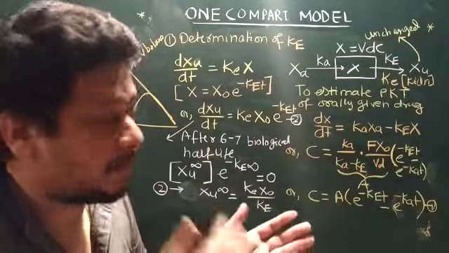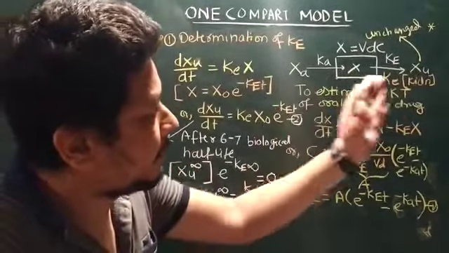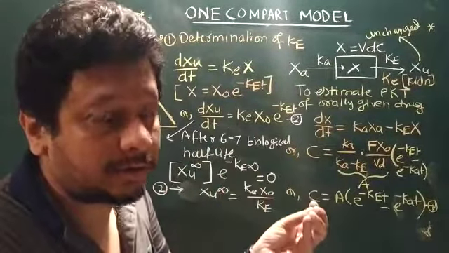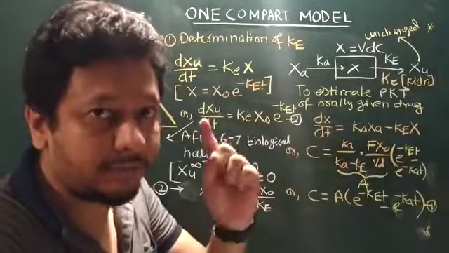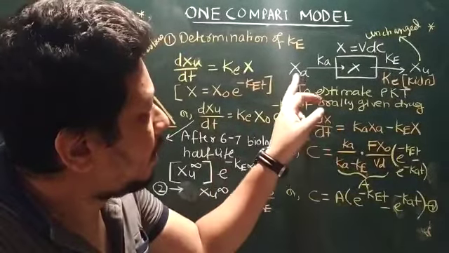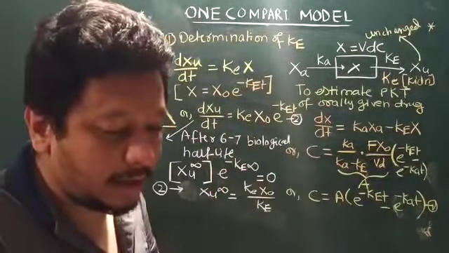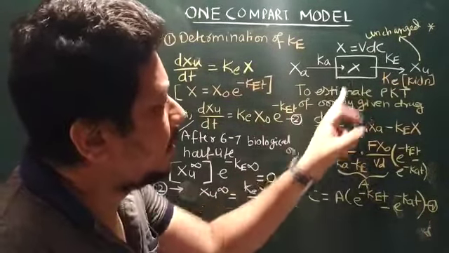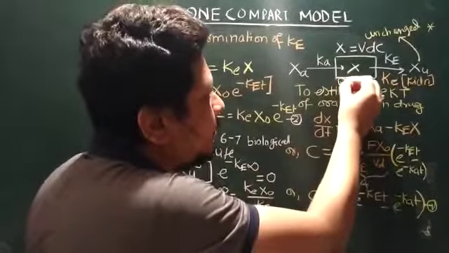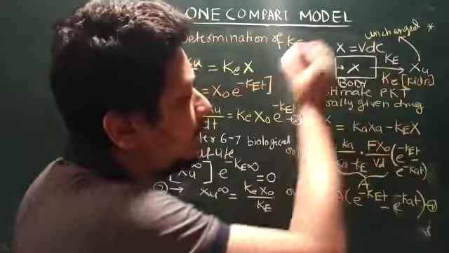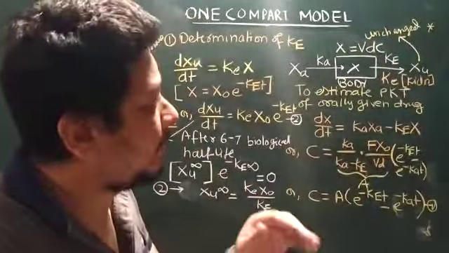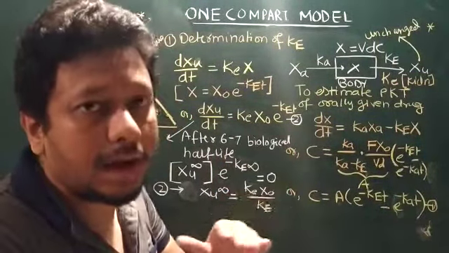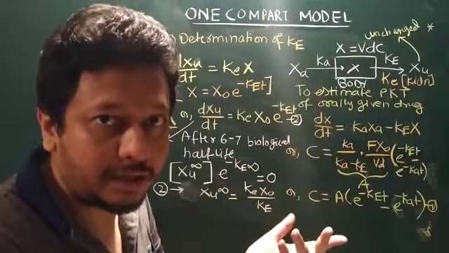Now you can see we have the basic block diagram for orally given drugs that I have already described in my first video. XA is the drug at the absorption site, Ka is the absorption rate constant, X is the amount of drug present in the body, and then it is eliminated majorly by the kidney, but other than the kidney there are other sources of elimination as well.